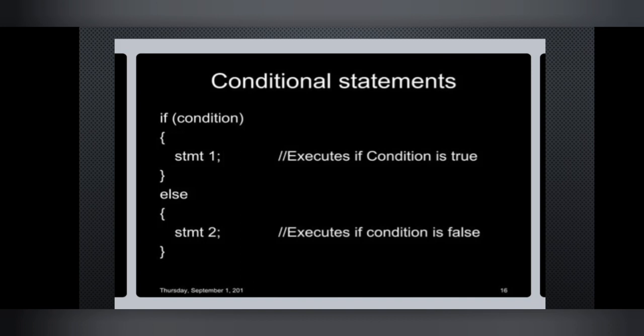And here we come to the conditional statements. Here we come to the if and else statement. If it satisfies the given condition, then statement 1 will be executed, else statement 2 will be executed.